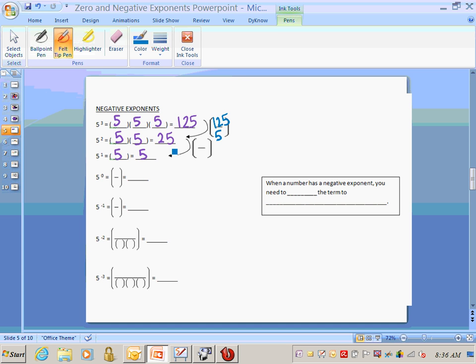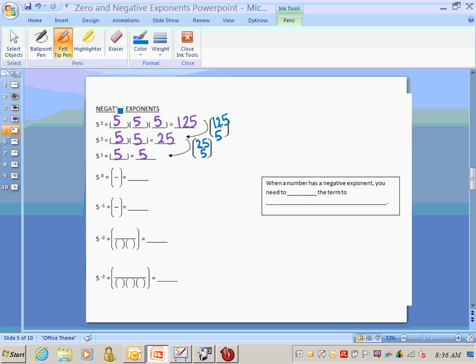That's going to give me 25. 25 divided by 5 is 5. Now look, if we're only doing one less, when we're multiplying by one less 5 every time, are we actually dividing by a 5? If we're going up, if we're going 1, 2, 3, we're multiplying by another 5, right?